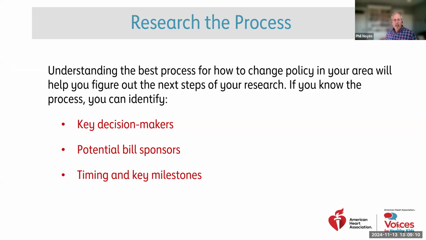Figuring out the process helps tell you what level of government you want to impact, and if you are seeking a policy or appropriations change. And you're looking at key factors. You want to explore key factors like who are the key decision makers, who are potential bill sponsors, and timing and key milestones. Next slide.